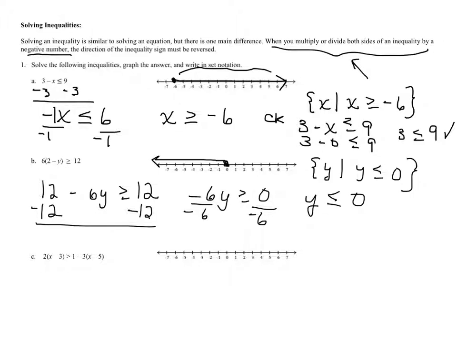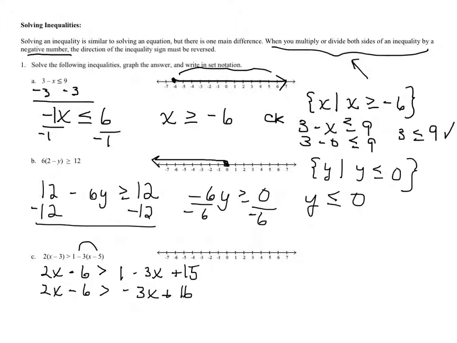Again, we're going to distribute through, and just be careful about our distribution. So it'll be 2x take away 6 is greater than 1 take away 3x, and then negative 3 times a negative 5 is a positive 15. We're going to combine like terms, so 2x take away 6 is greater than 1 and 15 is 16, so negative 3x plus 16.